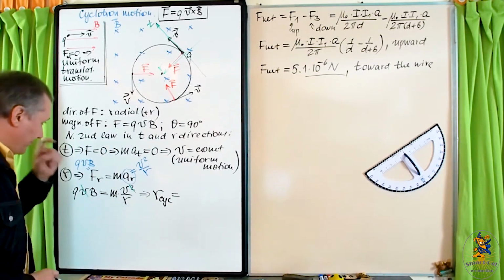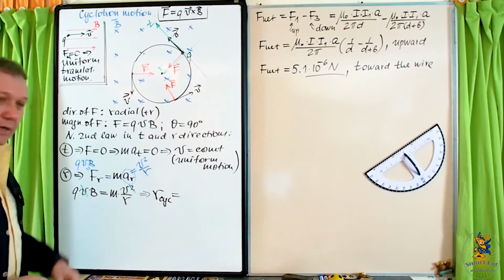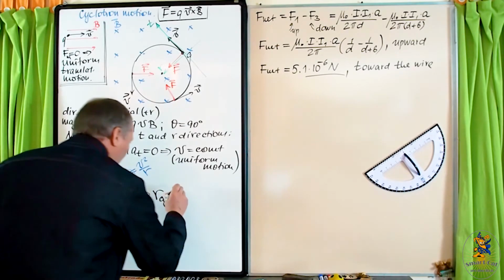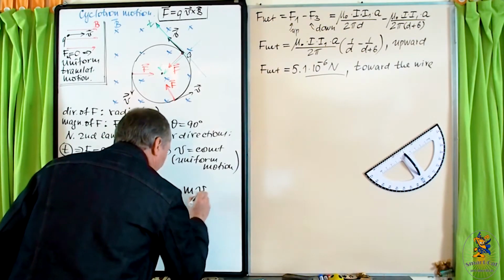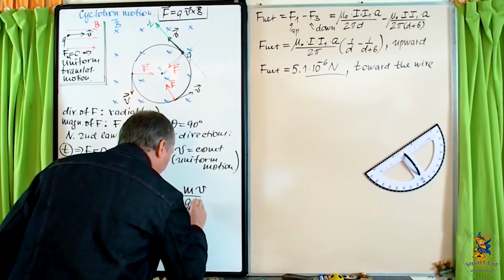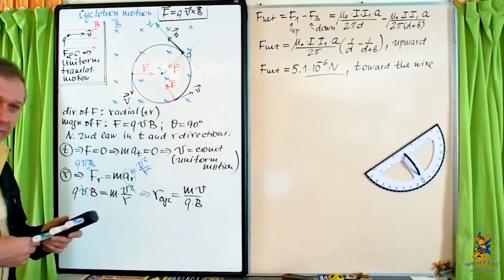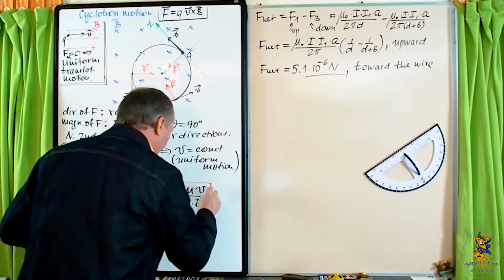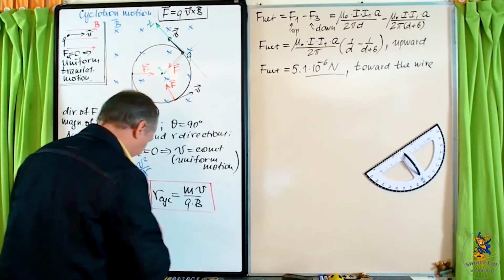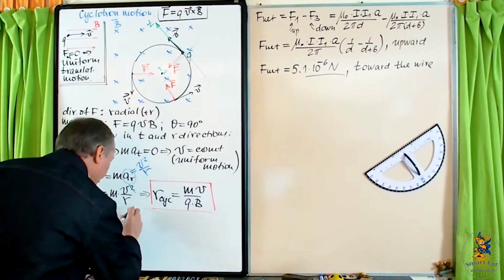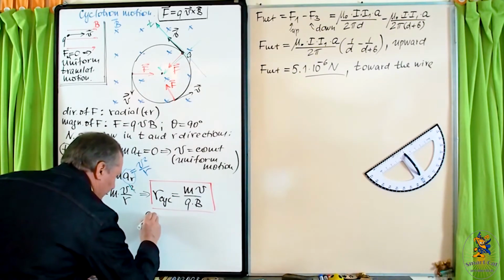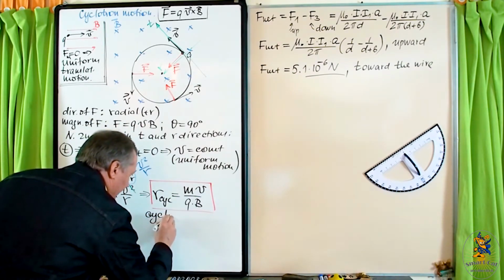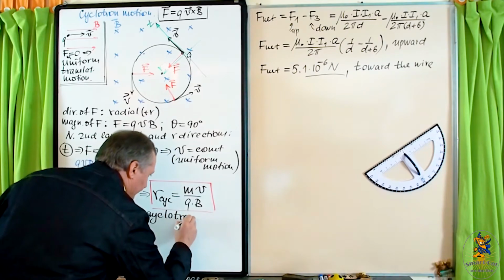So it will be mv divided by qB, mv divided by q times the value of the magnetic field. So that's the cyclotron radius.